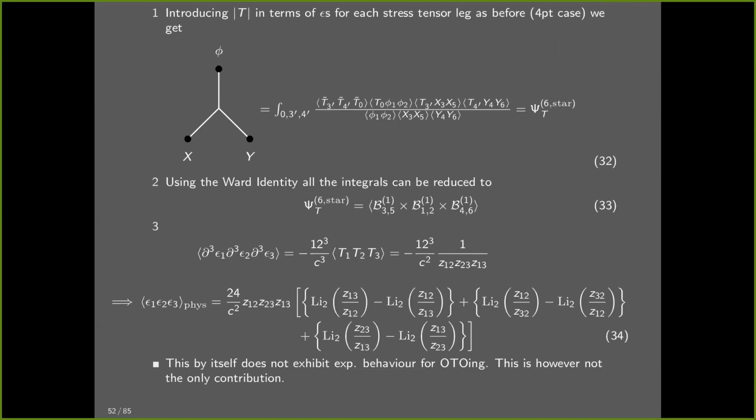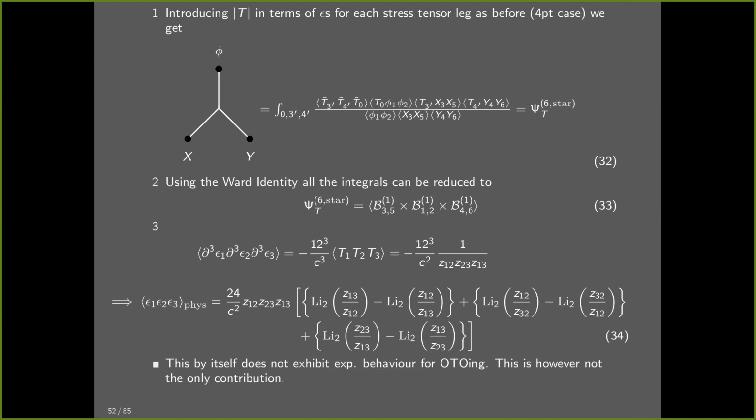One more question. Why do you think that OTOCs or any ordering of 6-point correlators will show exponential behavior? For 4-point functions, I understand, you have this map from Maldacena, who mapped a 4-point Regge limit or some Lorentzian limit of a 4-point function to the commutator of 2 operators, right?